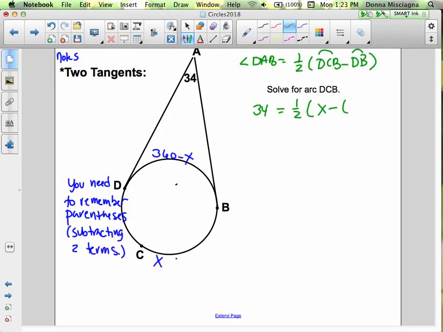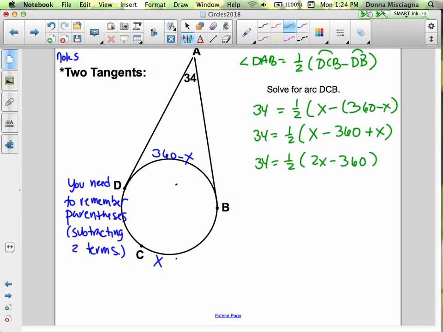Remember the parentheses because we're distributing the negative to the 360 minus X. So 34 is 1/2 X, and I'm going to distribute the negative, minus 360. Negative times a negative is positive, so that's plus X. So that's 34 equals 1/2 times 2X minus 360.